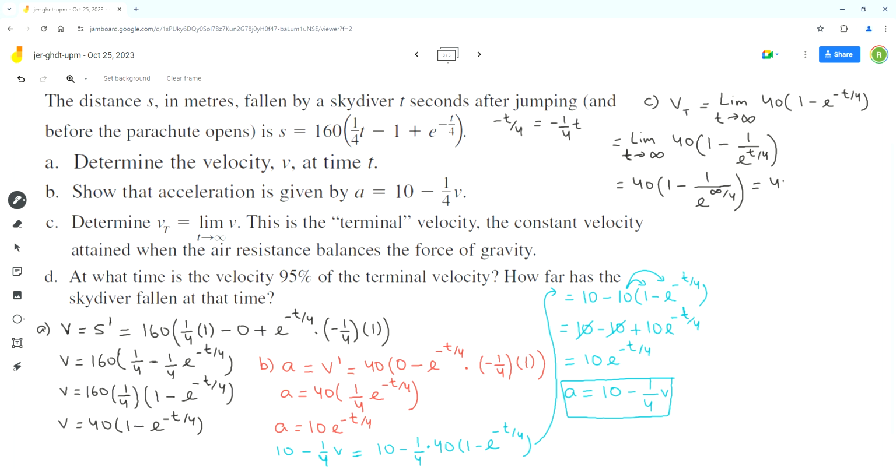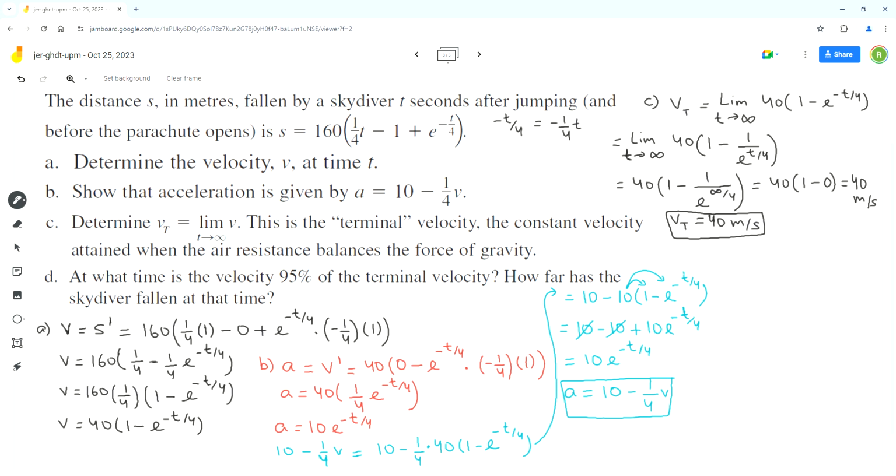So we'll get 40 minus 0, which is equal to 40, and the unit will be meters per second. So that means we can conclude that Vt is equal to 40 meters per second. So this should be the final answer for part C.